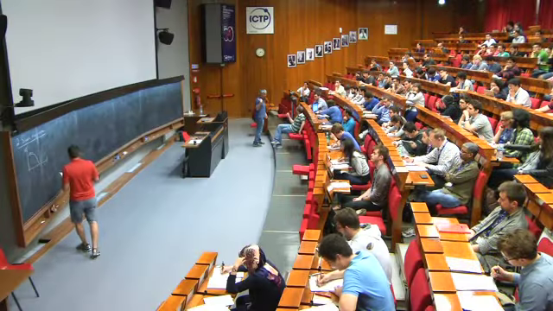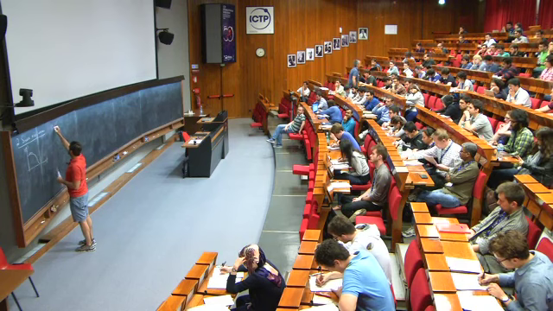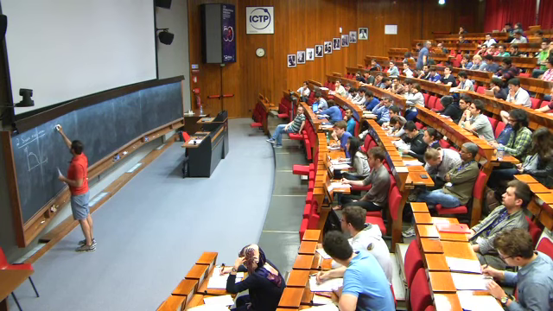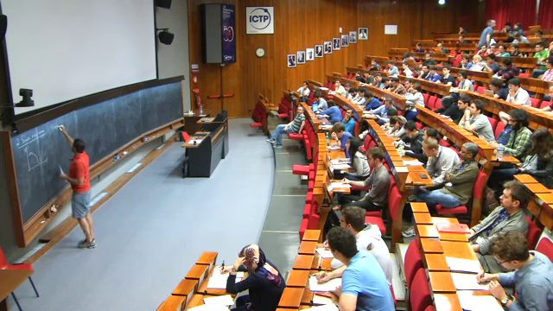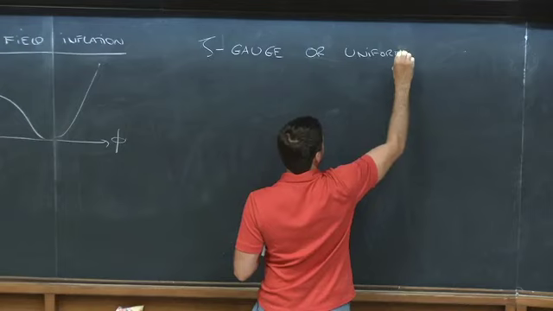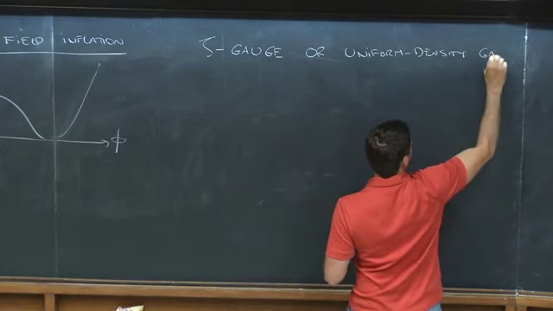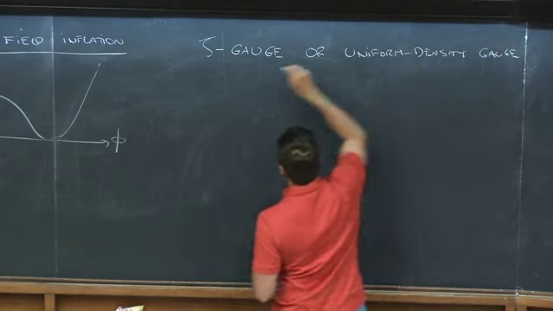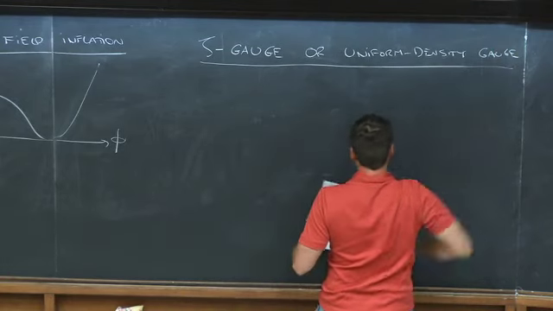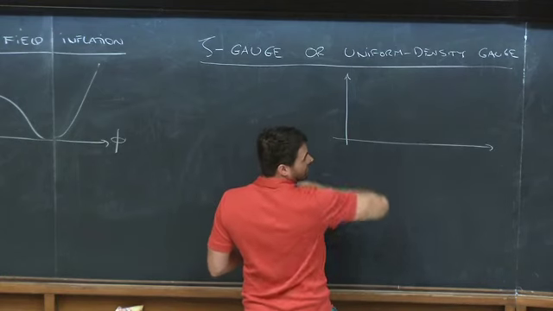So to compute perturbations in this case, we will use a rather commonly used gauge choice. We will fix our coordinates in the so-called zeta gauge, or uniform density gauge, which is defined simply by using the scalar field as our clock.